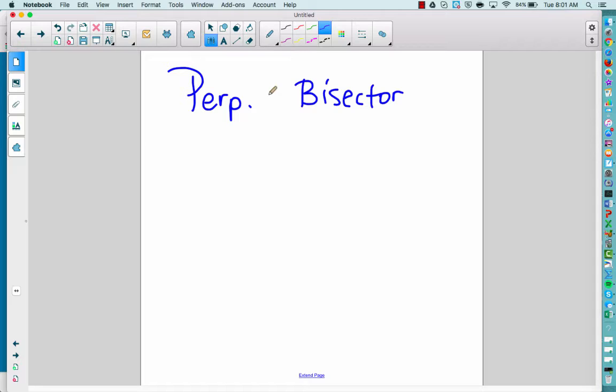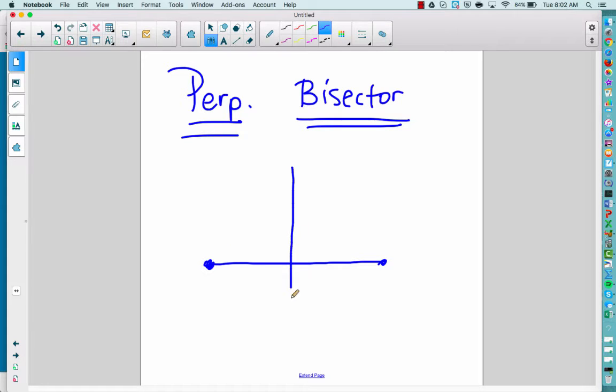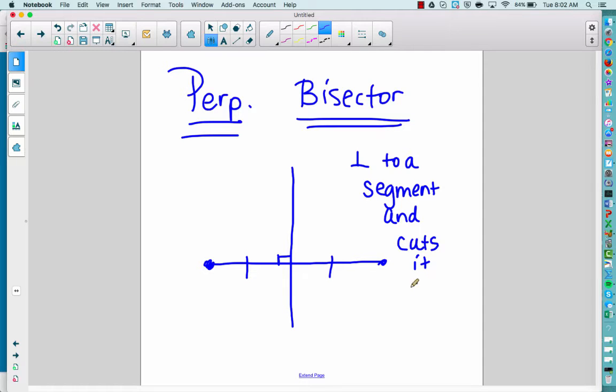Okay? We know what the word bisect means. It means cuts it into 2 equal parts. And we know what the term perpendicular means. It means things that meet at a right angle. So a perpendicular bisector of a segment is going to be perpendicular to the segment and cut it at its midpoint, or cut it into 2 equal parts.